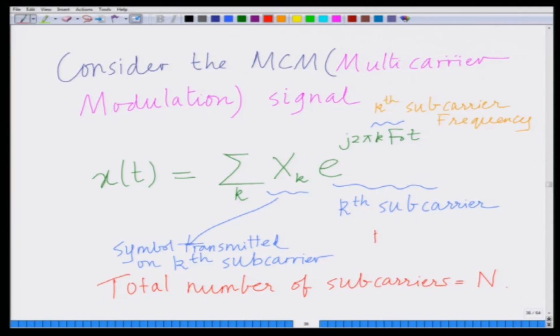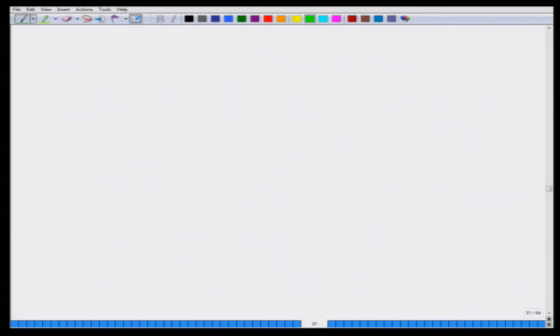Remember, we said f naught, the fundamental frequency, is basically B divided by N, where B is the total bandwidth, N is the total number of subcarriers. Now, if you look at this signal, let me rewrite it: x(t) equals summation over k of X_k e to the power of j 2 pi k f naught t.